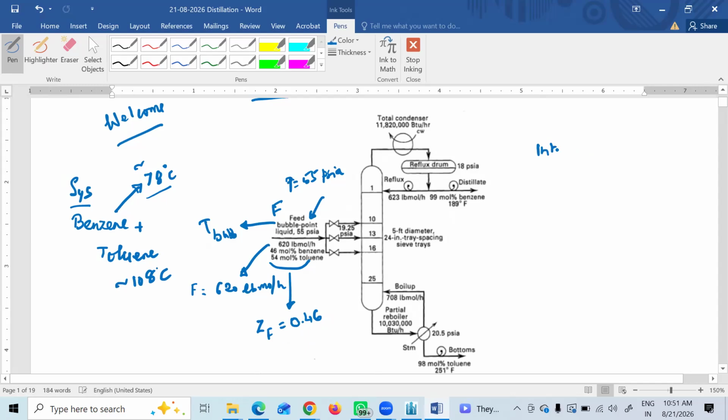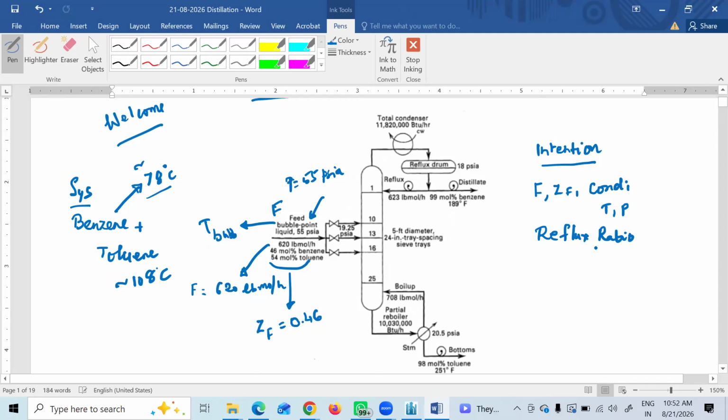The intention, or design intent, is this: given the feed conditions, feed ZF, the temperature and pressure at which it enters, and of course the feed flow rate F, we need to specify at least a reflux ratio.